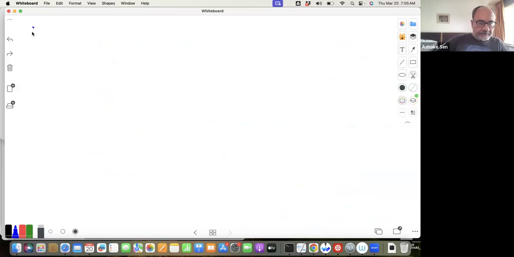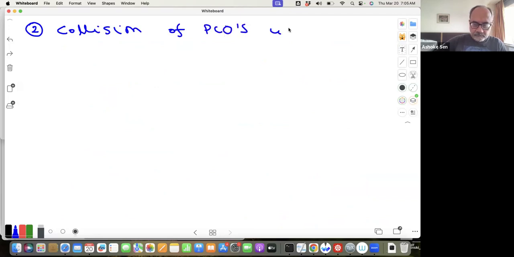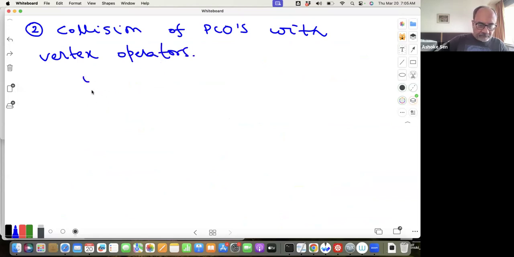The second kind is collision of PCOs with vertex operators. So this will take the form y alpha of u equals p i of u, where this is the location of the puncture.